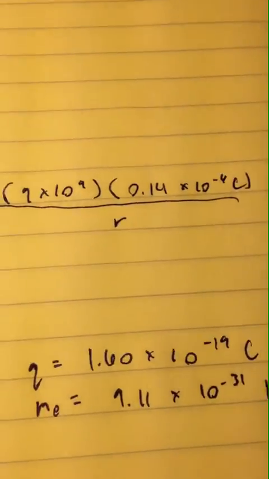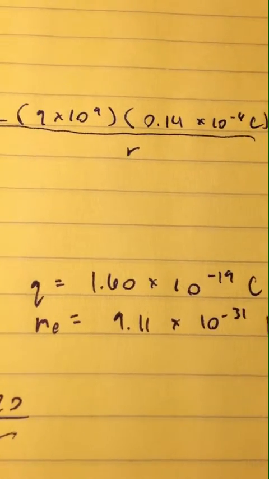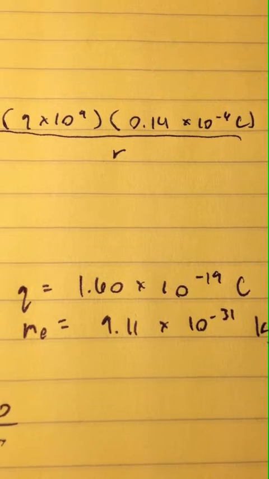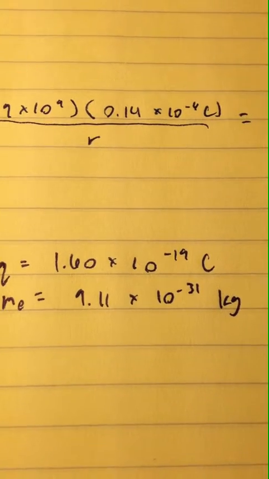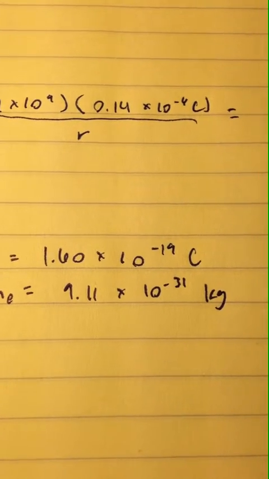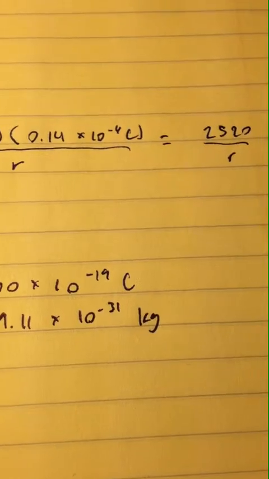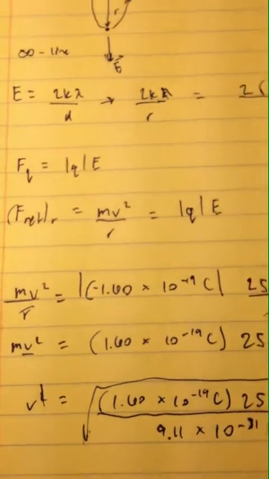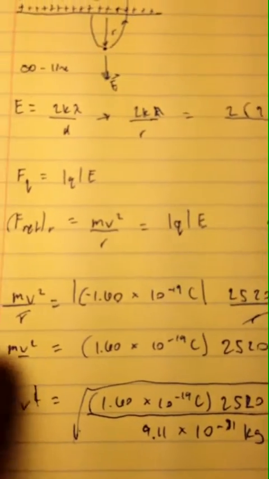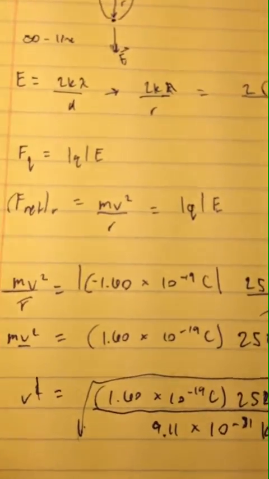Now we are given that the charge of the electron is 1.60 times 10 to the negative 19 coulombs, and the mass of the electron is 9.11 times 10 to the negative 31st kilograms. We will now plug in the values, and as you can see, the r's on either side of the equation cancel out when you multiply both sides by r.